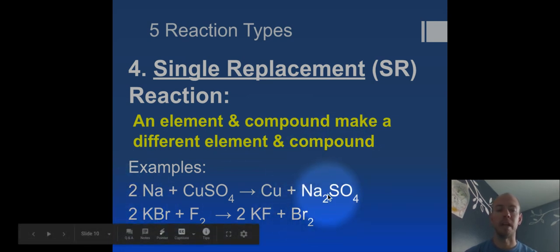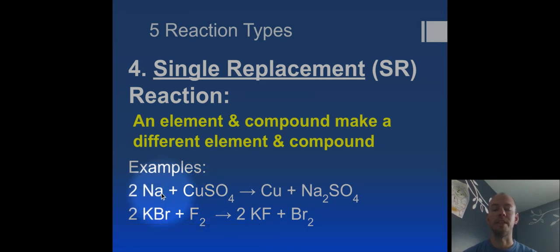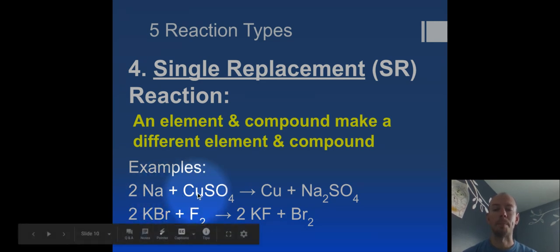Sodium was by itself, here it's in the compound. Copper was in the compound, it got kicked out by itself. Down here, we have potassium and bromine together with fluorine by itself. Now potassium's with fluorine and bromine's by itself. We'll notice here and talk about it again later, but it's good to hear it a lot of times, that the sodium and the copper are trading places here.